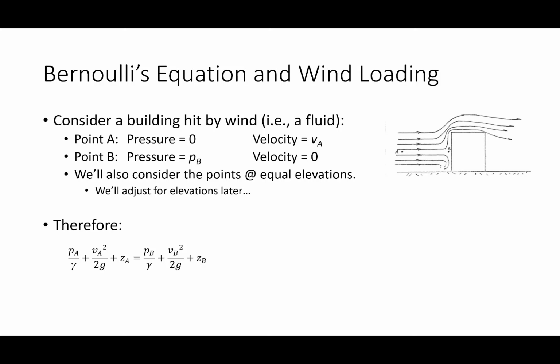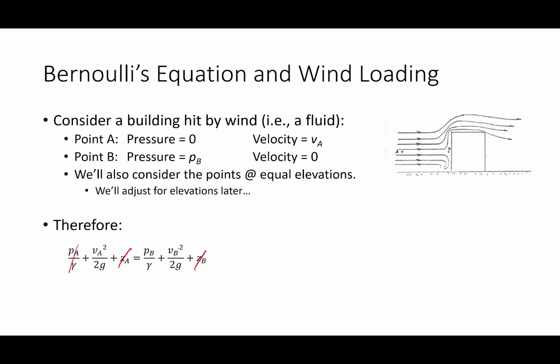And so usually with a Bernoulli's equation problem, the first thing that we'd like to do is to start to cancel things that aren't really relevant for our problem. So for example, we're going to cancel the elevations because we're going to assume they are at equal elevations. For point A, we're going to cancel the pressure.